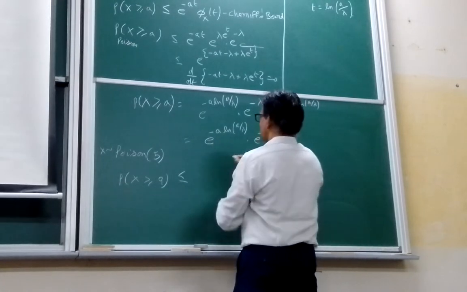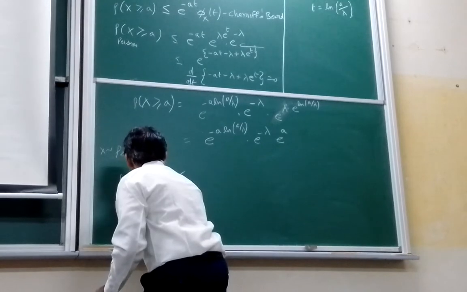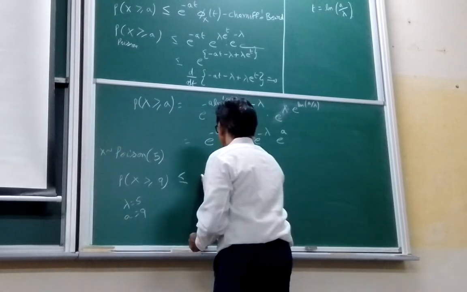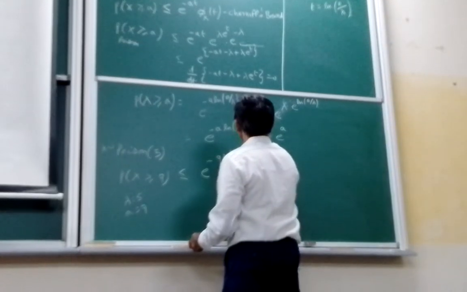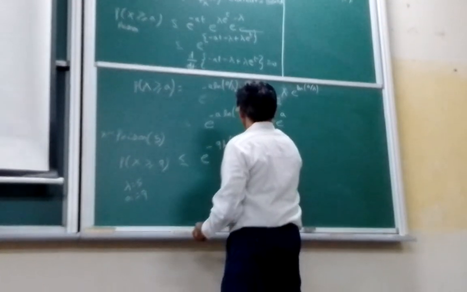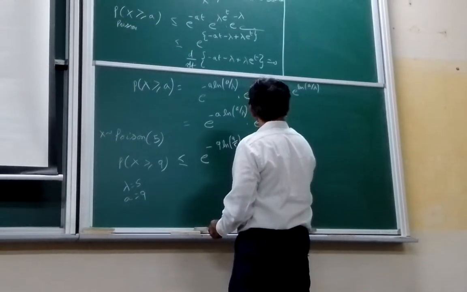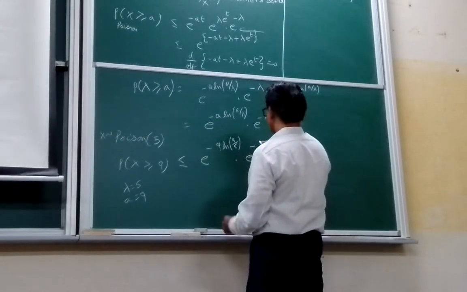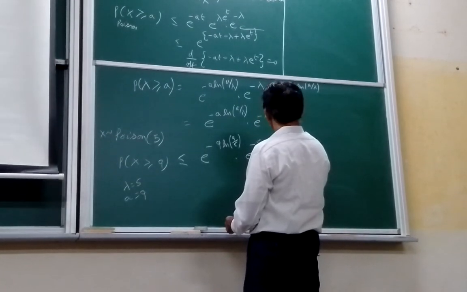So we have to put in lambda equal to 5, a equal to 9. So e power of minus 9 ln of 9 by 5 into e power of minus 5, e power of 9.